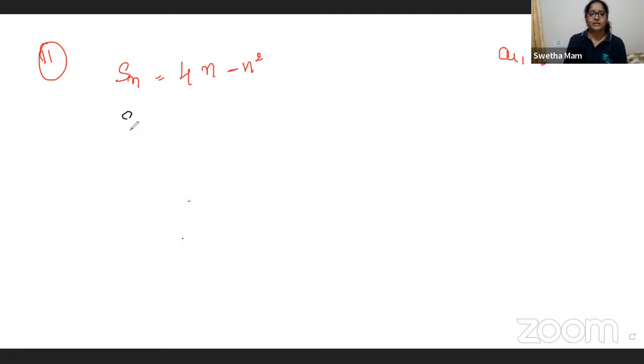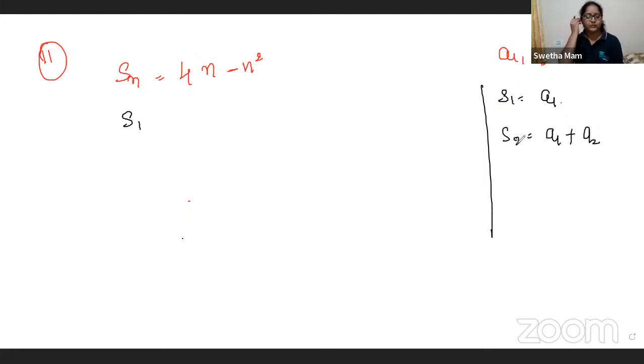See, I will write first. Before that I will tell you, S1 is nothing but the sum of the terms, so it gives A1. What is S2? S2 is the sum of first two terms, that is A1 plus A2.